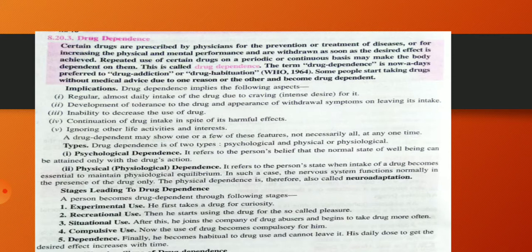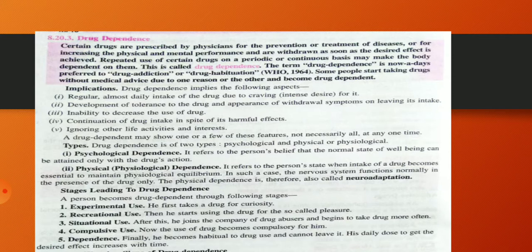That is some regular, almost daily intake of that particular drug due to craving, that is the intense desire for it. Then comes the development of tolerance to the drug and the appearance of withdrawal symptoms on leaving its intake.